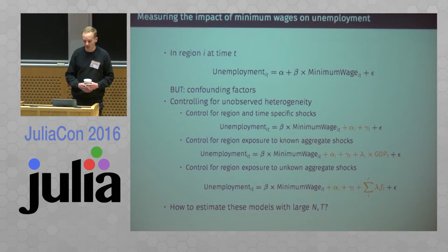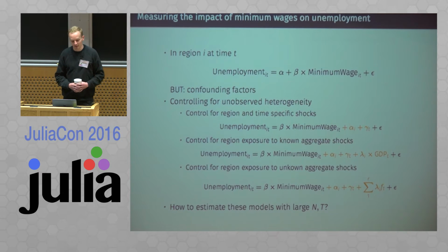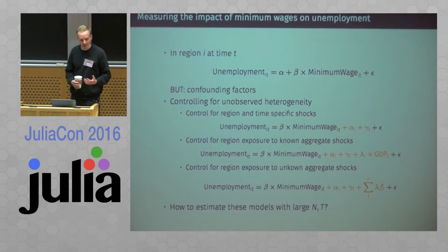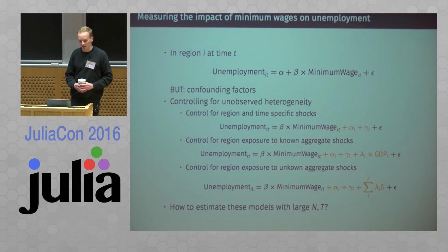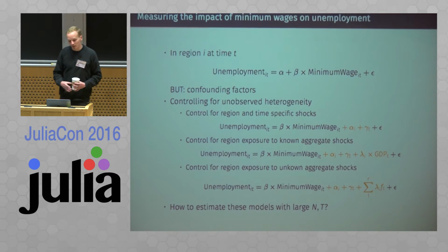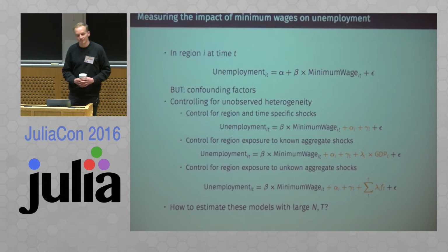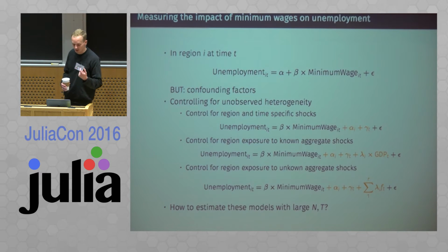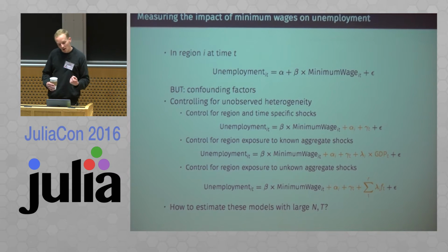So what economists usually do is absorb the confounding factors with fixed effects. For instance, you may want to control for region-specific and time-specific shocks. By adding alpha_i, you are going to concentrate on the within variation: you look at one region and see how unemployment in this region changes when the minimum wage changes.